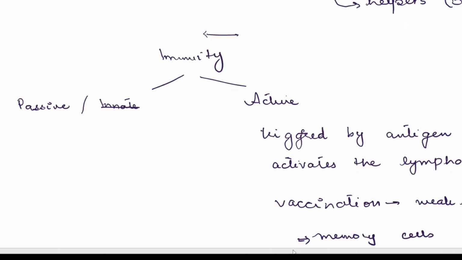In case of passive, there was one treatment given at that time, which is plasma treatment. In COVID, the very first treatment that people found out was plasma transfusion. Now, what is plasma transfusion? As in active immunity, some people have a better immunity.